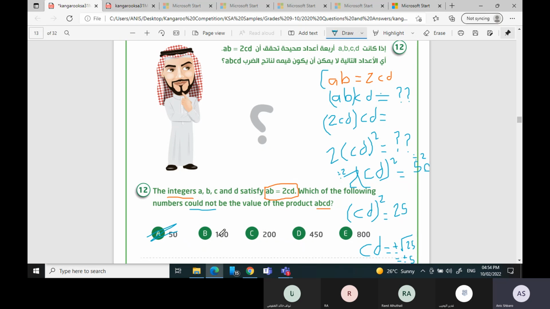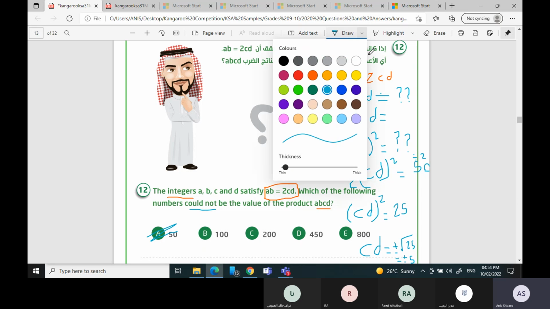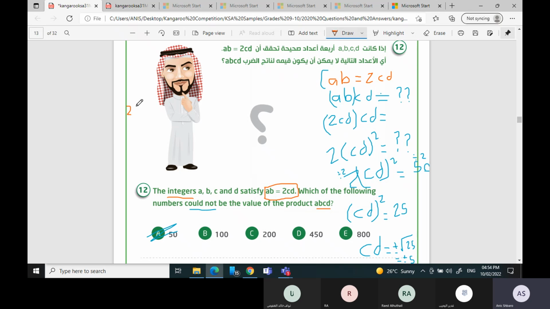Now we're going through B. Let us try it with a different color because I want to distinguish between all the tried methods. Okay, so 100 CD power 2 multiplied with 2 is equal to 100.